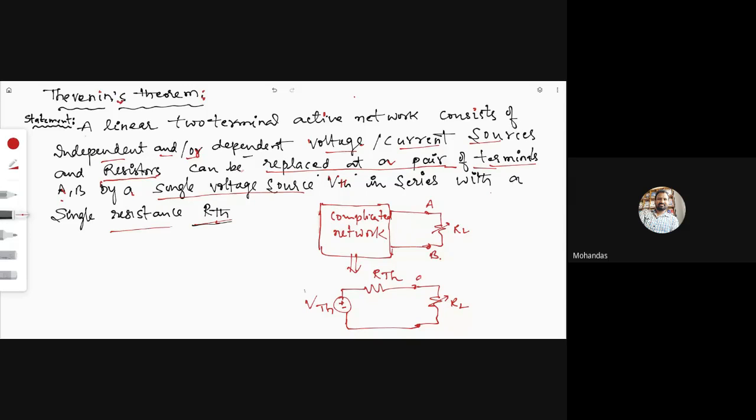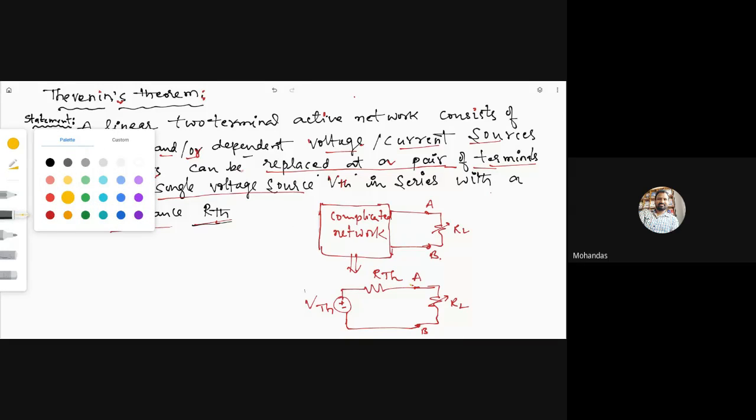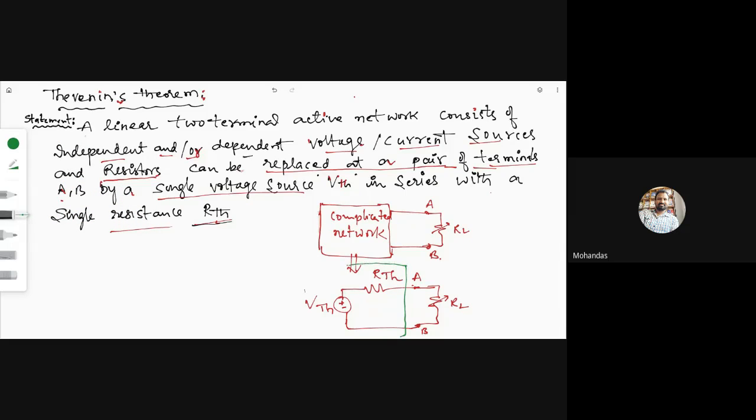RL is the load resistance, and these are the terminals A and B. Please note down the statement, and I will explain about this statement and theorem and all those things.